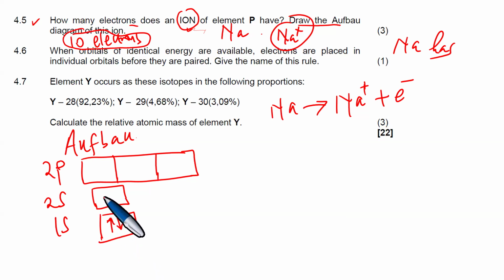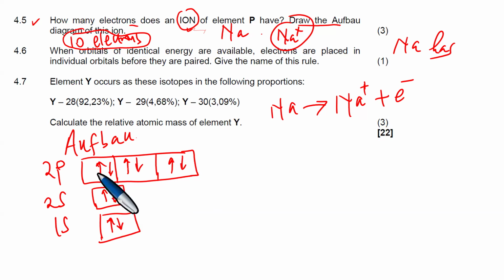Then 2s, a maximum of 2. So we have 2, 4, and then we're left with 6, because there must be 10 in total. The 2p would therefore have 1, 1, 1, and then you fill like that.